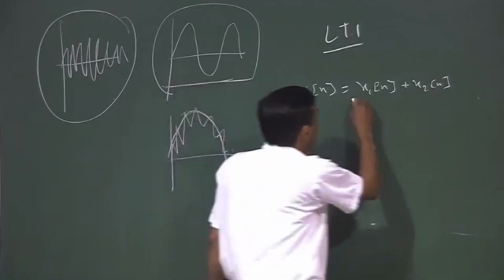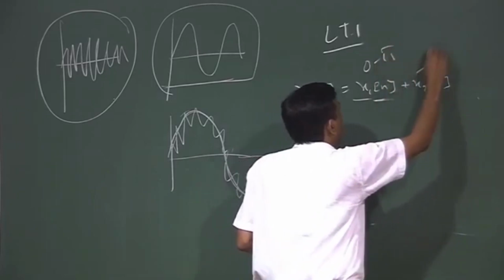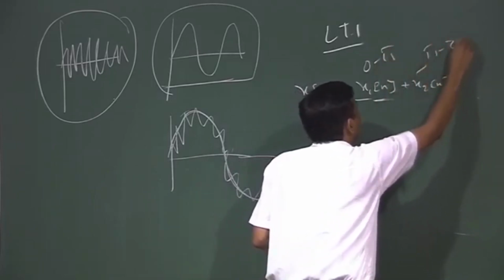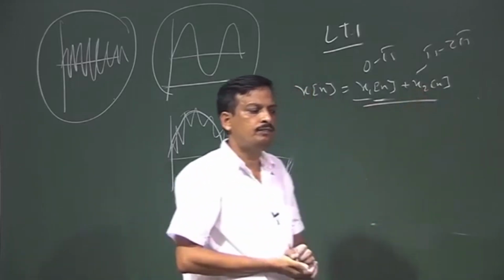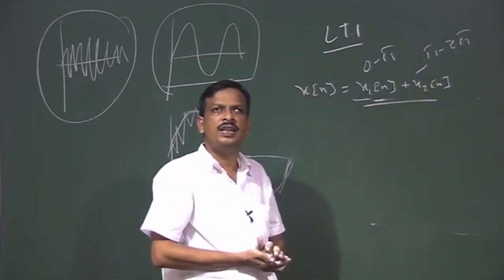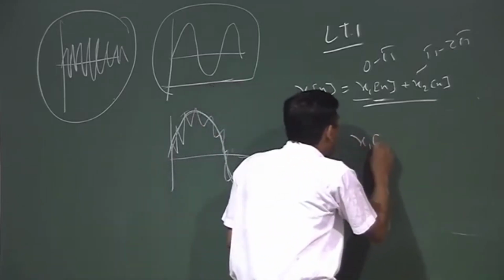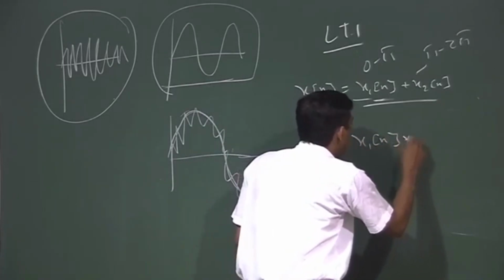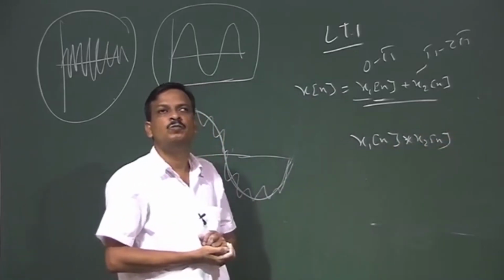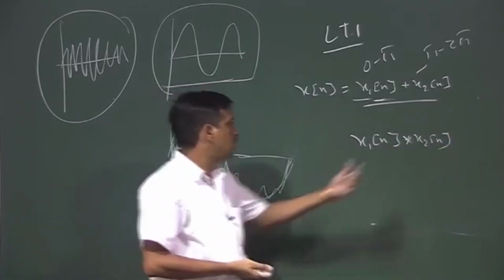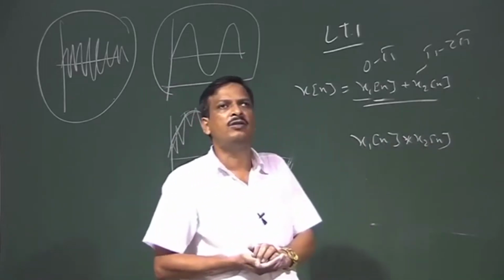Now, if x1[n] consists of frequencies 0 to pi and x2[n] consists of frequencies pi to 2 pi, then I can easily separate them by a linear filter. But if x1 is convolved with x2[n], or if some of x2 overlaps with x1, then it is very difficult to separate them.